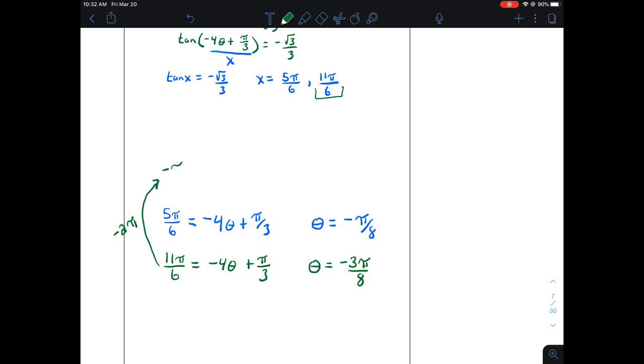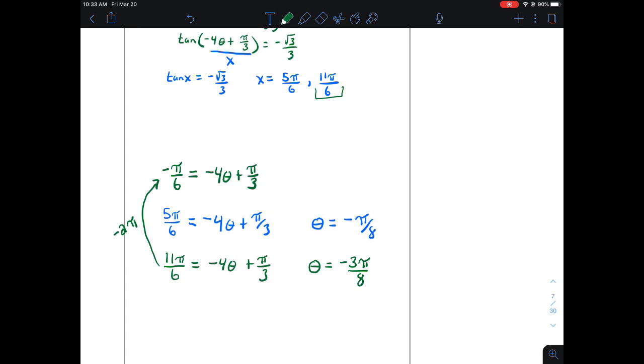11 pi over 6 and negative pi over 6 land on the same spot on the unit circle, which means that tangent's going to have the same value. So I get this new radian measure from my coterminal angles, and I'm going to set it back equal to what's on the inside, so that I can get a value for theta and see if it works.